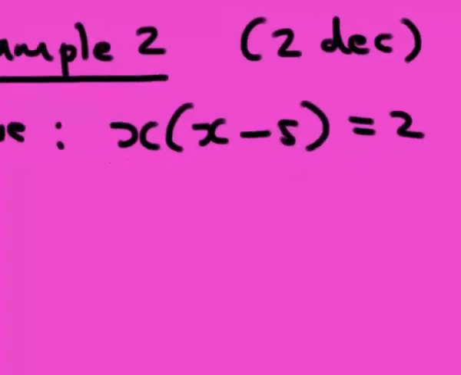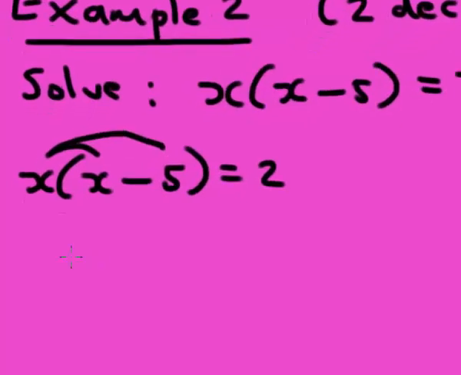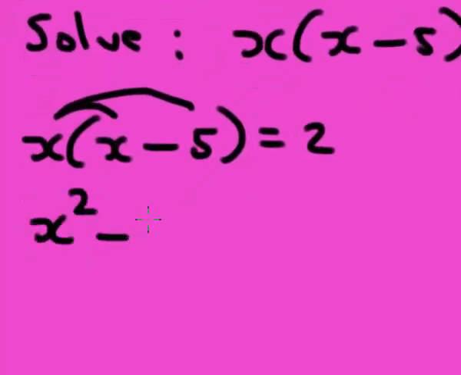How did we approach it? If we've got x into x minus 5 is equal to 2, the first thing we do is multiply out, so it gives you x squared minus 5x is equal to 2.